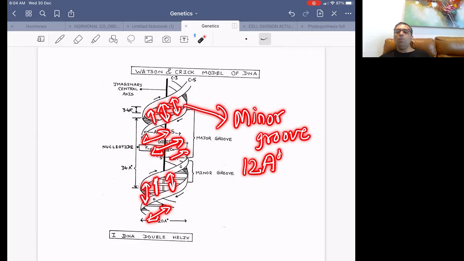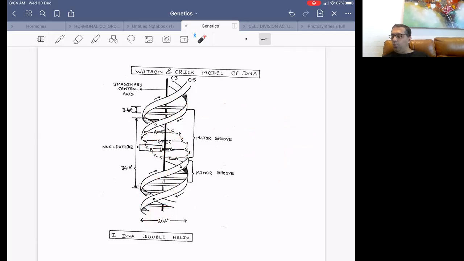How much is 1 angstrom? 10 raised to minus 10 meters is 1 angstrom. तो कैन यू इमेजिन हम लोग कितने मॉलिक्यूलर लेवल पे, माइक्रोस्कोपिक लेवल पे बात कर रहे हैं. This is 12 angstrom units, so small, and that is the minor groove. And that is the space between two DNA strands.